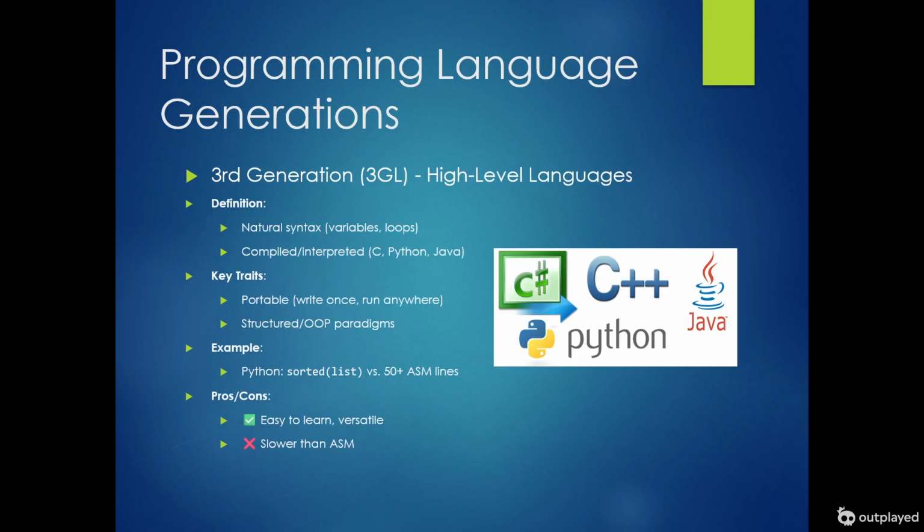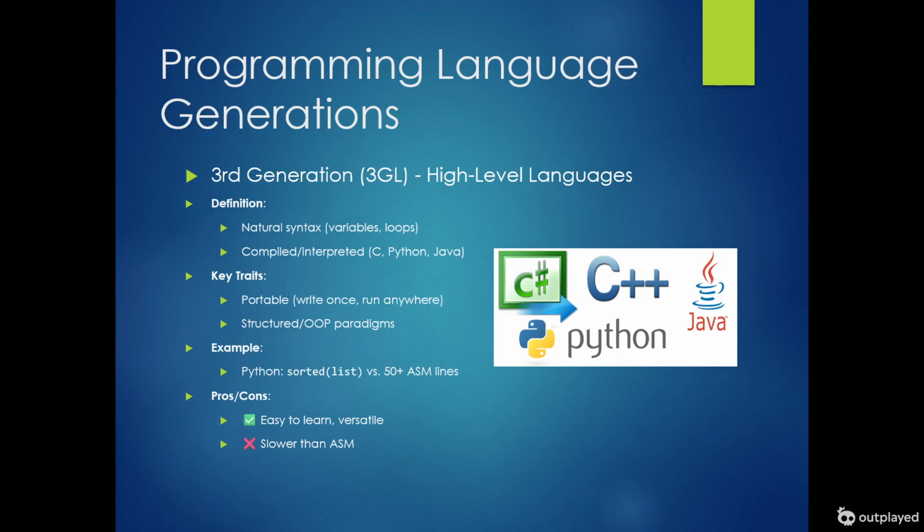Moving on to the third generation language, or the 3GL. This language includes widely used languages such as C, Java, and Python. They provide structured syntax, portability, and greater abstraction while still compiling or interpreting efficiently.